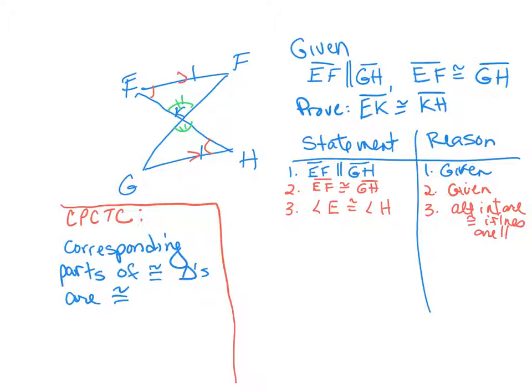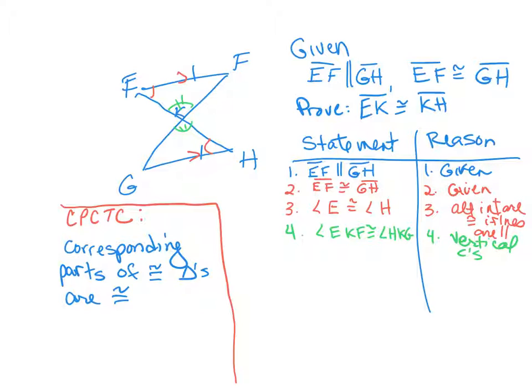So we can say that, and they probably want you to say that angle EKF is congruent to angle HKG because vertical angles are congruent, or definition of vertical angles.